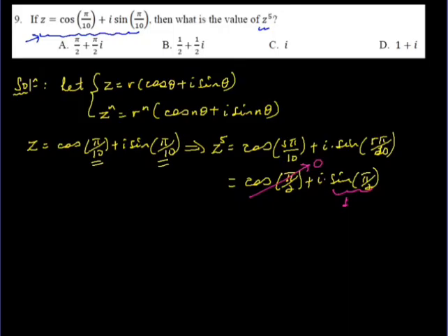So it becomes 1 times i. Therefore z to the power of 5 becomes i. So our answer for this problem is C.